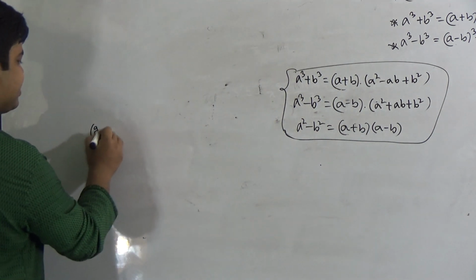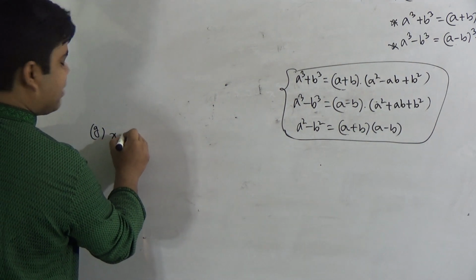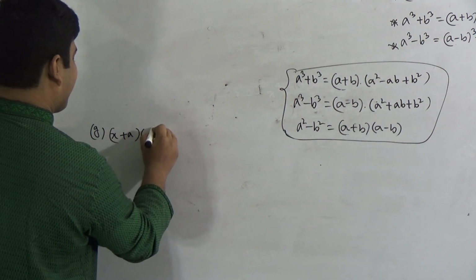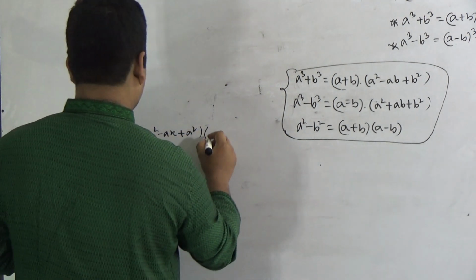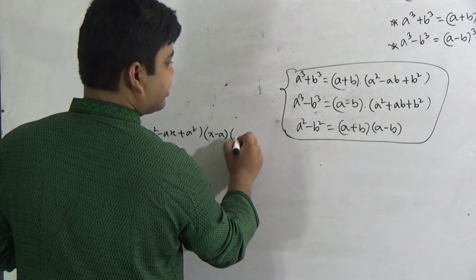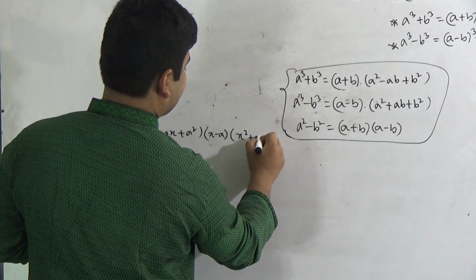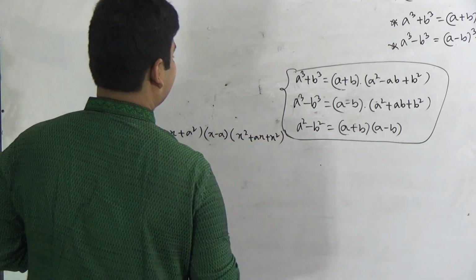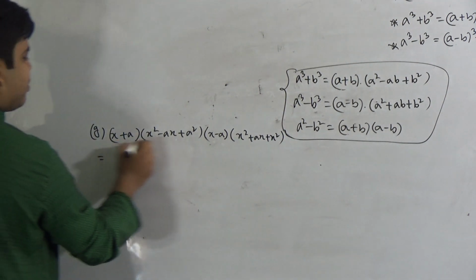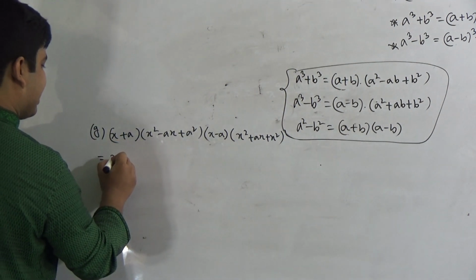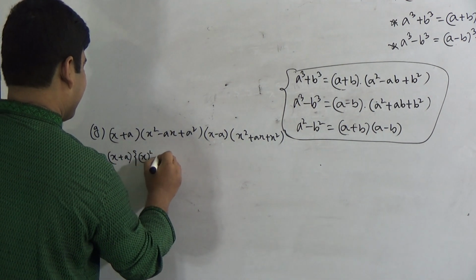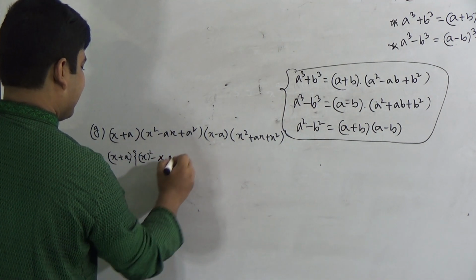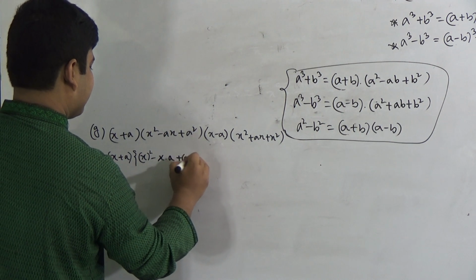G number question is (x plus a) into (x square minus ax plus a square), (x minus a) into (x square plus ax plus a square). Okay. Now first of all we do this. So x plus a, second bracket x square minus x into a plus a square.